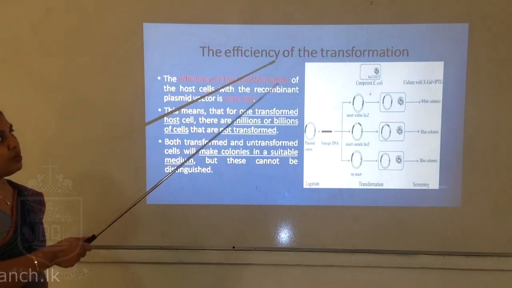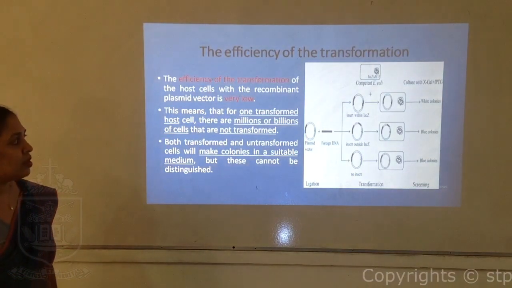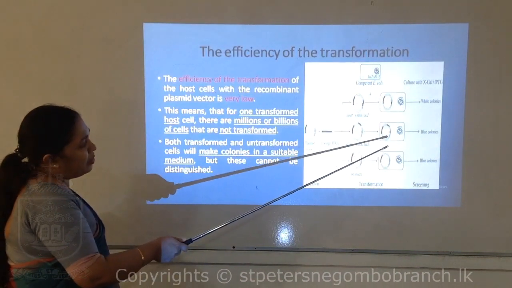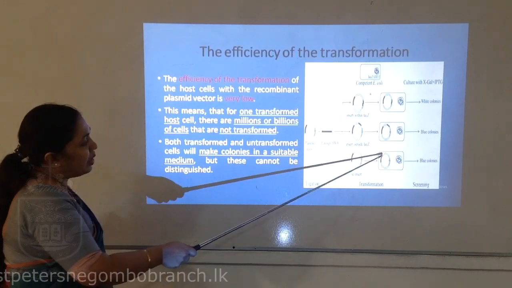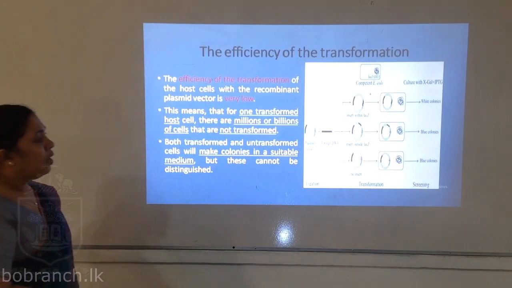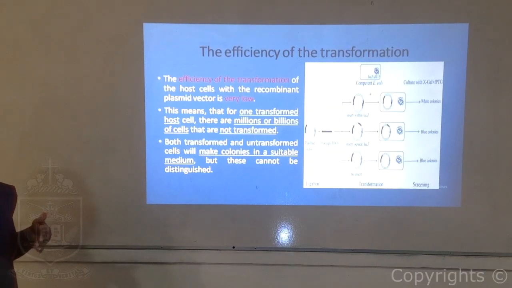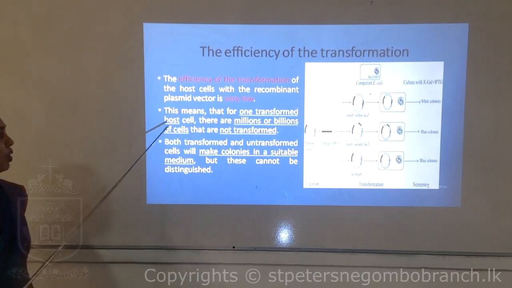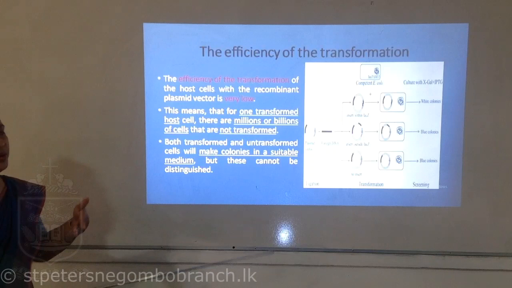But the efficiency of the transformation is very low. So here some colonies are not integrated properly. This is properly integrated here, partially integrated here, not integrated at all. So the efficiency of transformation is very low. It means for one transformed host cell, there are millions or billions of cells that are not transformed.